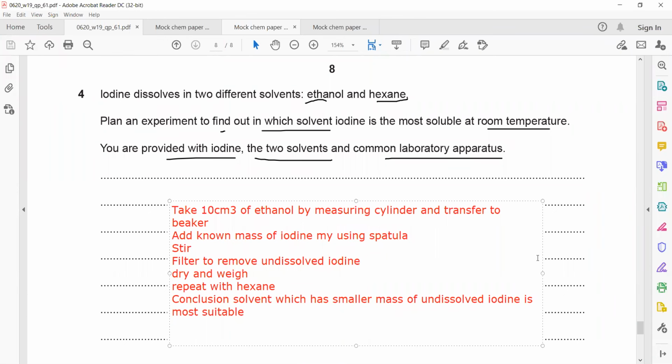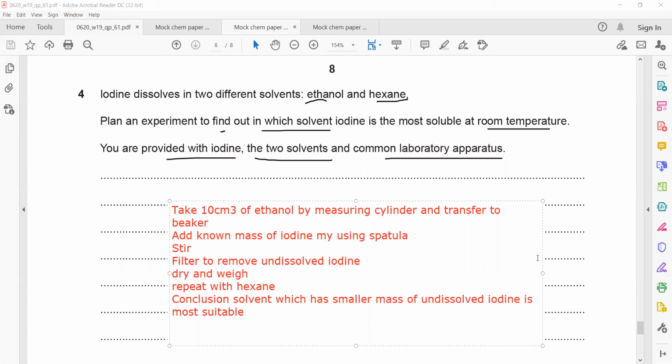Repeat the experiment with hexane, keeping all the variables constant, the same initial mass. The more mass of residue, the lesser the solubility. That's also right. So this is just an experiment which you have to plan.